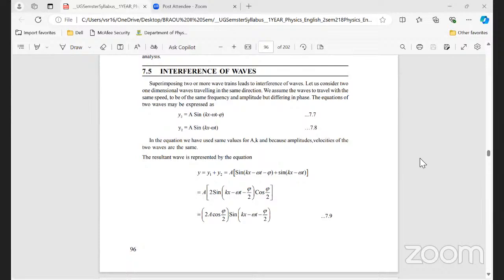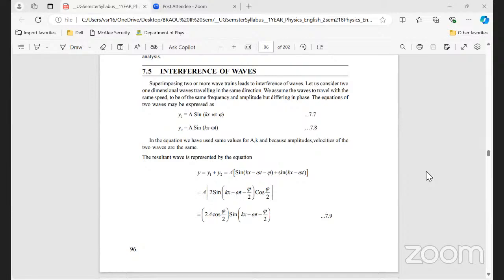Constructive means the crest and trough of two waves are superimposed, and in constructive interference you can observe the bright fringe. What do you mean by destructive? Dark.